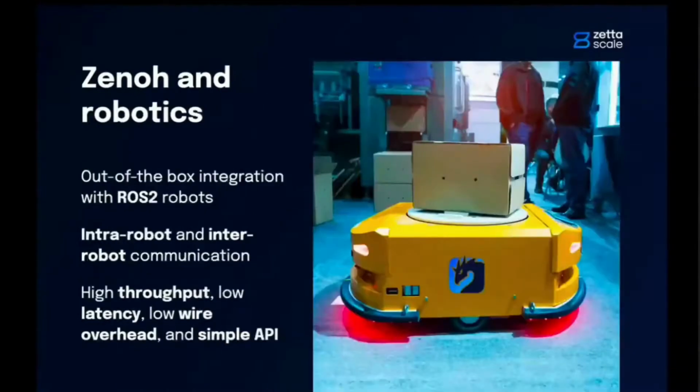This brings us also to how not only Zenoh in the smart factory, but also Zenoh with robotics in general. We have seen this out-of-the-box integration with ROS2 robots, and ROS2 is a very widely available framework for robotics development. In addition, how does Zenoh position for robotics? We have seen Zenoh for inter-robot, robot-to-sensor or robot-to-cloud communication, but as a reminder, and as highlighted in the initial presentation by Angelo, in Zenoh we can also do zero copy.